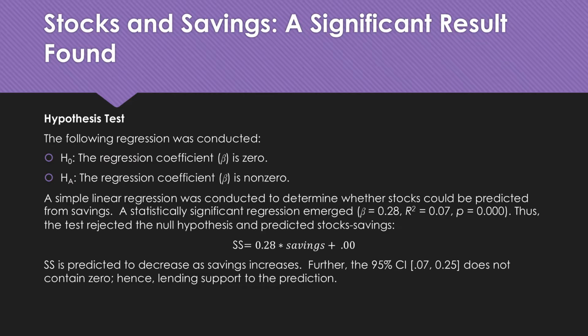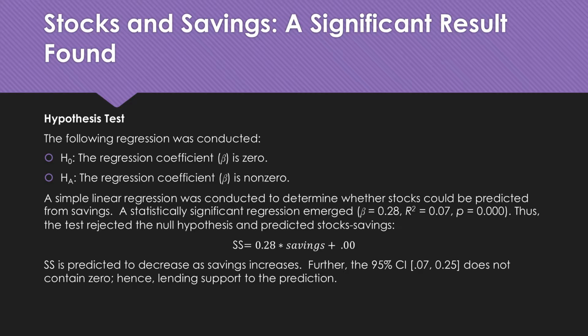In this example, a significant result was found between stocks and savings. The following regression was conducted. The null hypothesis was the regression coefficient is 0, and the alternative hypothesis was the regression coefficient is non-zero. A simple linear regression was conducted to determine whether stocks could be predicted from savings. A statistically significant regression emerged where beta was equal to 0.28, r squared was equal to 0.07, and p was equal to 0.000.